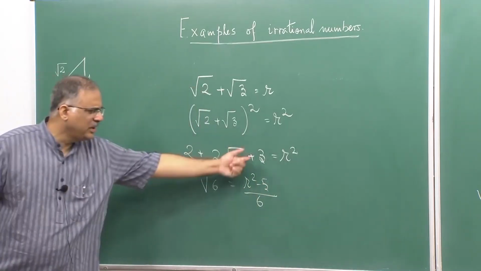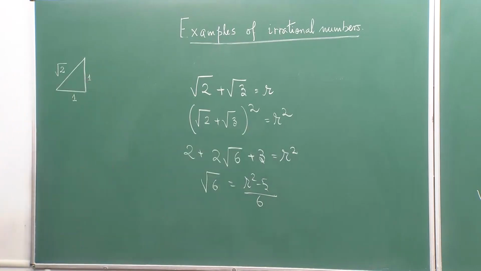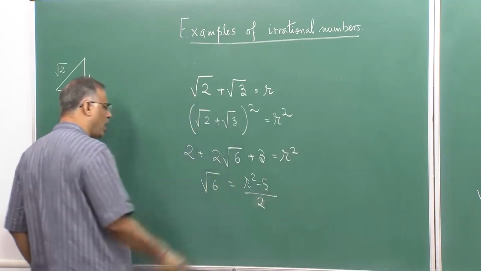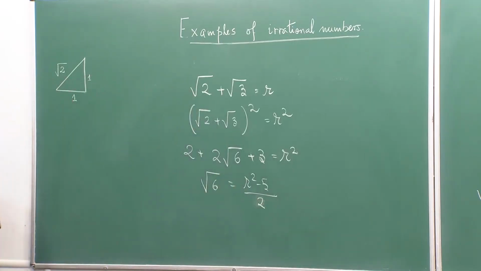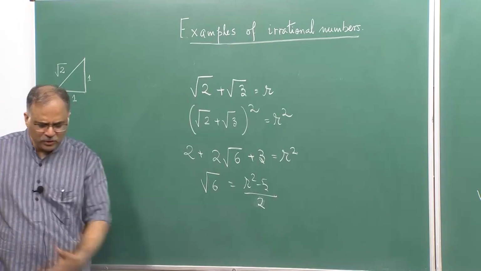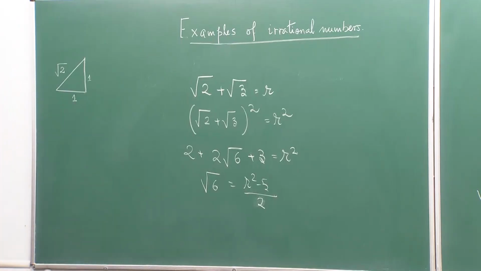So, you add 2 plus 3 and that is taken to the other side and divide by 2. Now, if r is a rational number, r square minus 5 is a rational number. If you divide two rational numbers, they will give me another rational number.